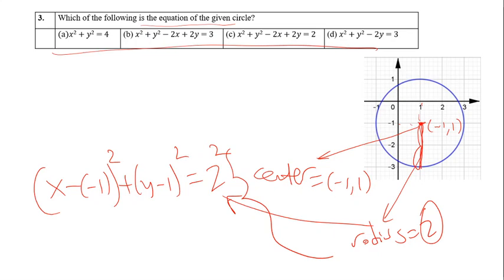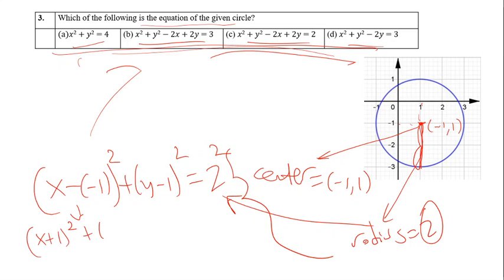Now, if it is given this way, you choose it if it is there. But if these are all in general or expanded form, you have to expand this one. So it has to be x plus 1 squared plus y minus 1 squared equal to 4.